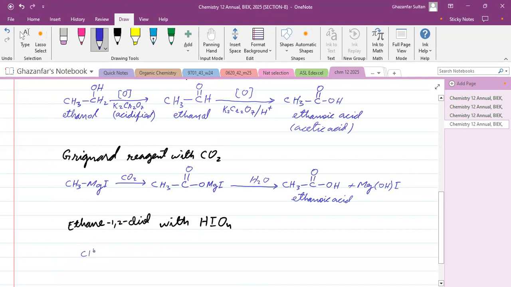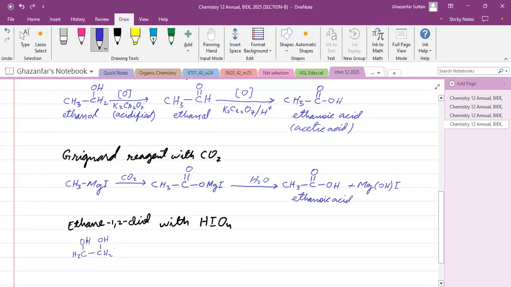What is ethane 1,2-diol? See, there is CH2 and CH2. Both carbon atoms have an OH group.